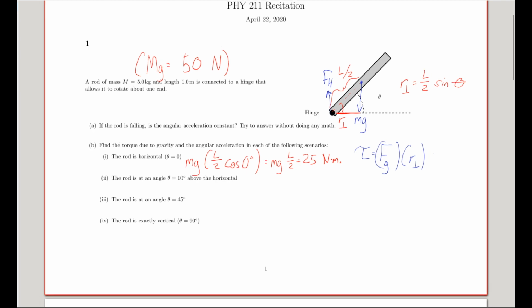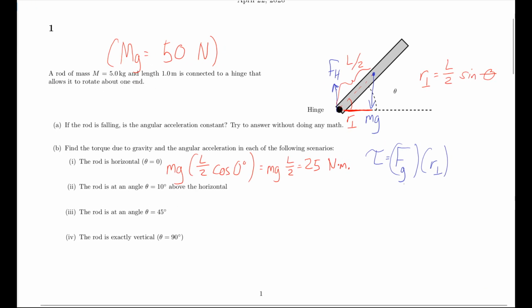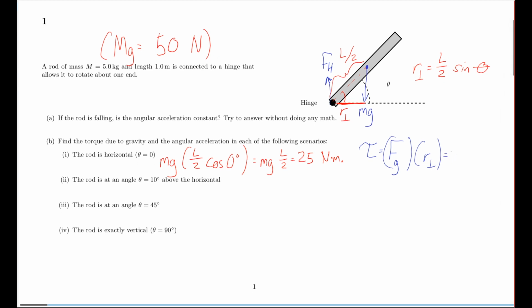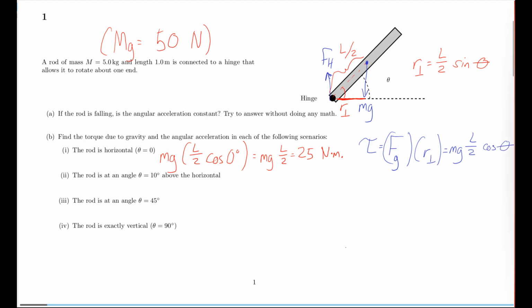Again, note that this is equal to mg times L over 2 cosine theta. And we're just going to plug that in for all of these. I don't know the cosine of 10 degrees off the top of my head, so I have to ask Google.